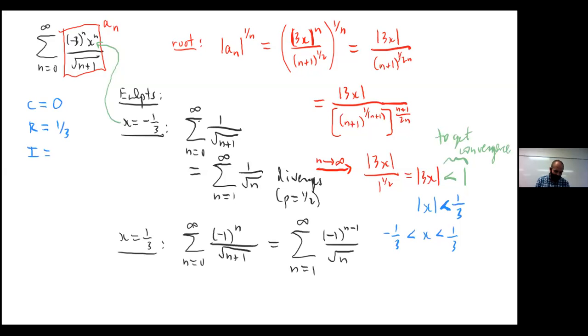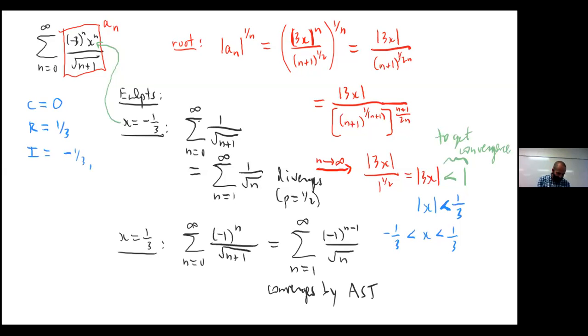What's up with that series? It's alternating, and the terms without the alternation decrease to 0. Therefore, what's the conclusion for this guy? Converges by what? By alternating series test.